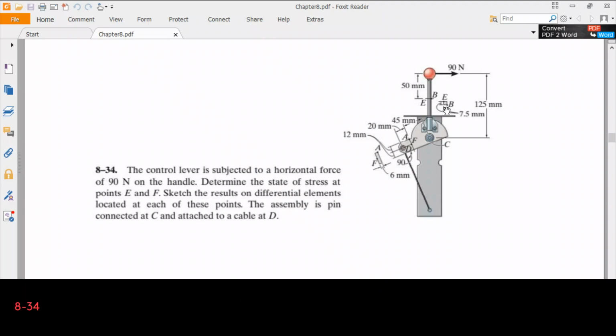Therefore we can say that TE is 0, but of course there is a bending moment, and this bending moment shall be calculated, and for this purpose we need to calculate the bending moment of inertia. So shear stress for point E is obviously 0.